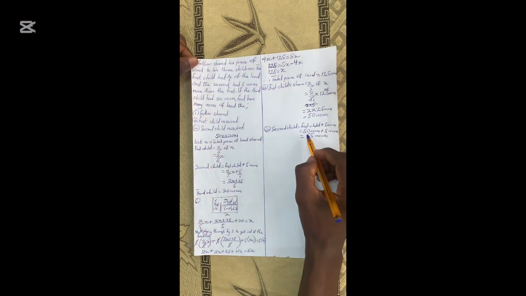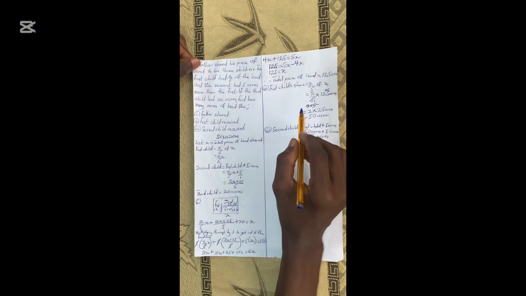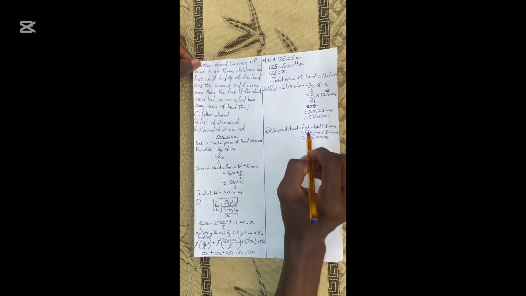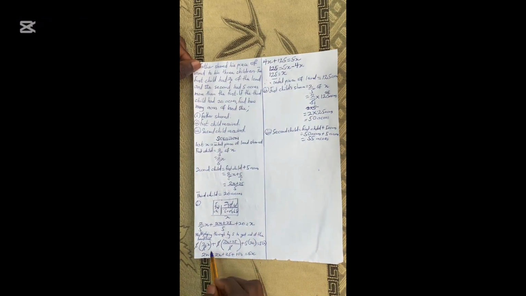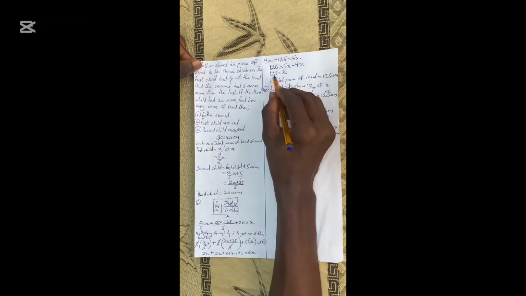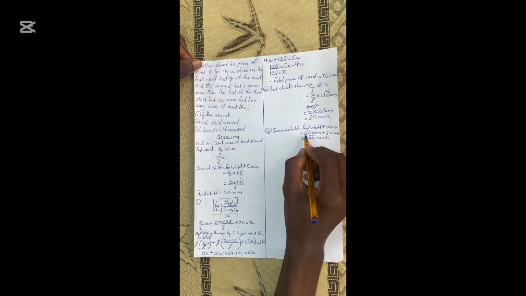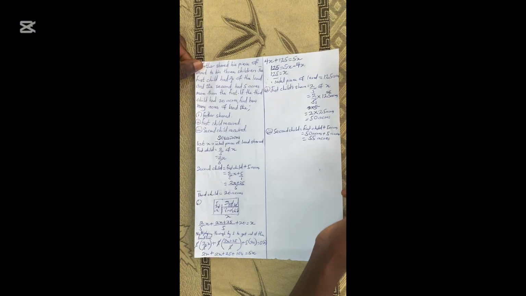If after adding every single share, the first child, the second child and the third child, we don't get the 125, it means that there is something wrong. So 55 plus 50 will give us 105, plus 20 will give us the 125. So it means that we've done a fantastic job.